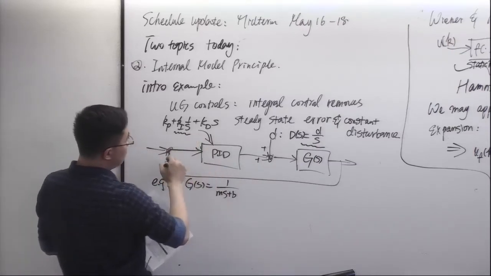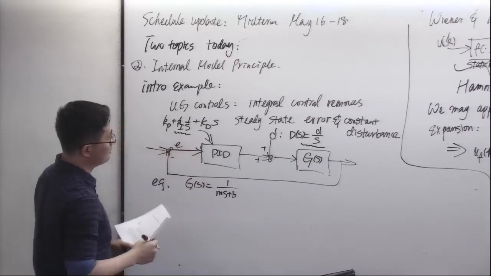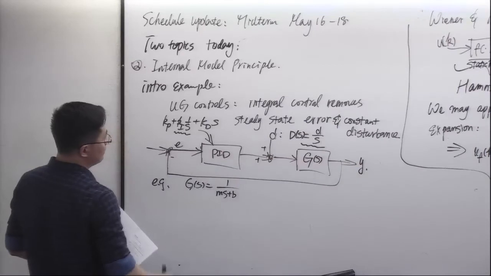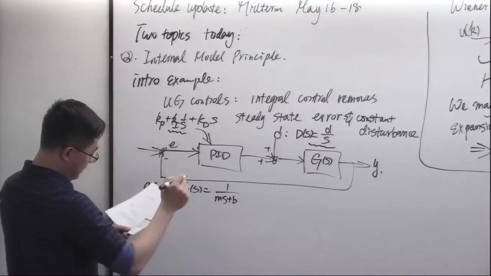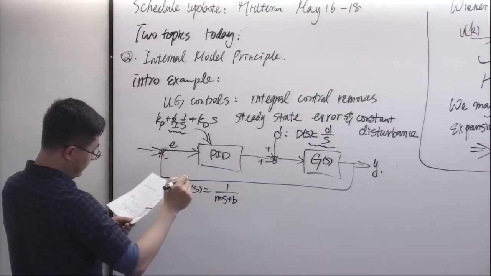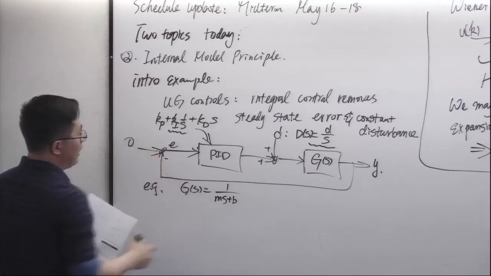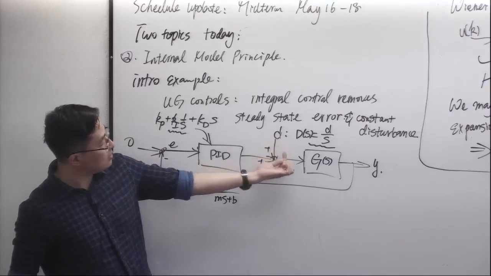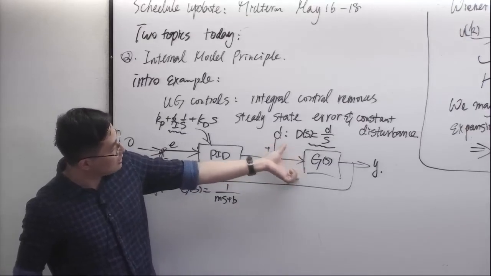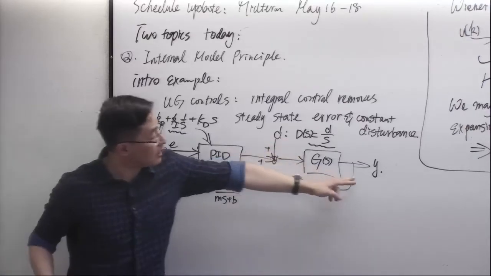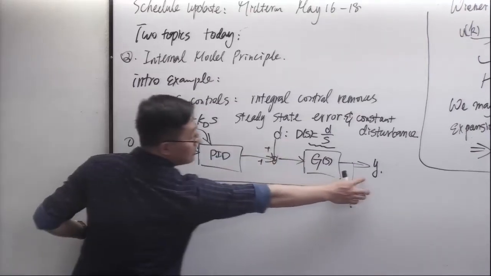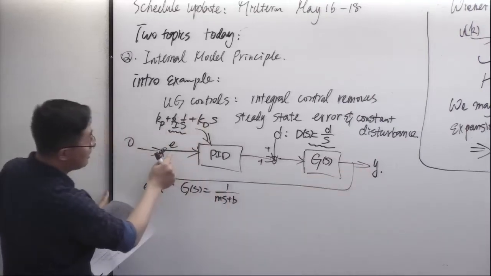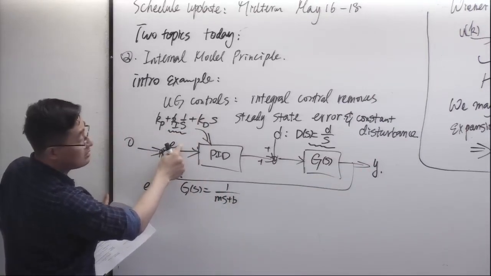So let's take a look at the error signal. Let's say I have a disturbance rejection problem. I don't have any reference. All I want is to be able to control my plant so that the disturbance is not going to impact my output. So effectively, that's saying at steady state, I want this error to be 0.